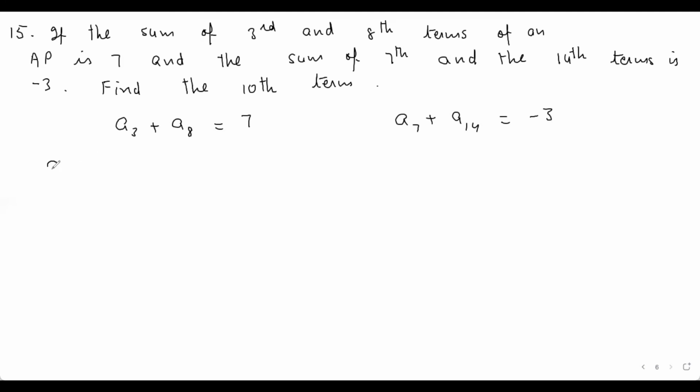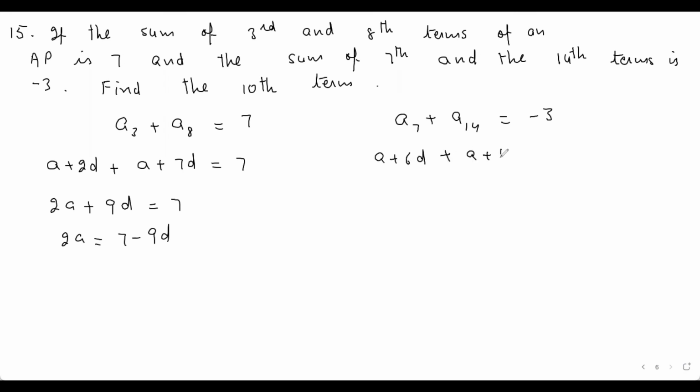It means A plus 2D plus A plus 7D is equal to 7. 2A plus 9D is equal to 7. It means 2A is equal to 7 minus 9D. So A7 means A plus 6D and A14 means A plus 13D is equal to minus 3. 2A plus 19D is equal to minus 3.